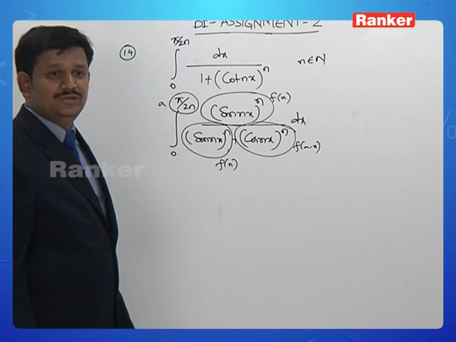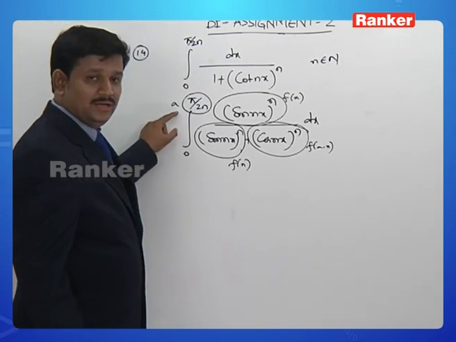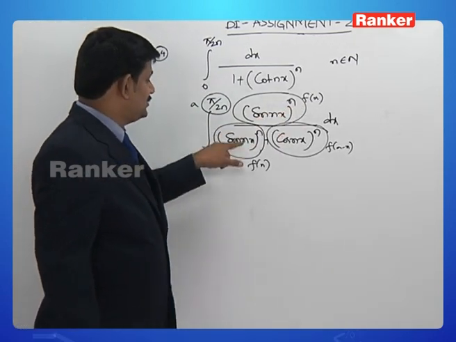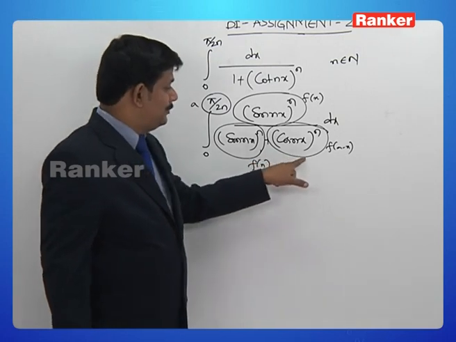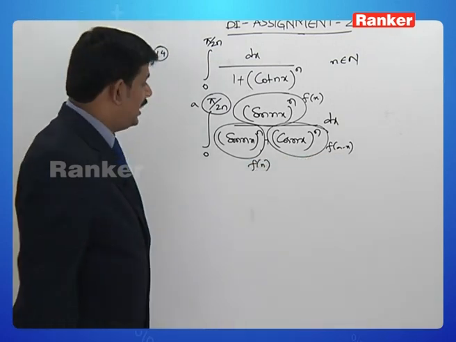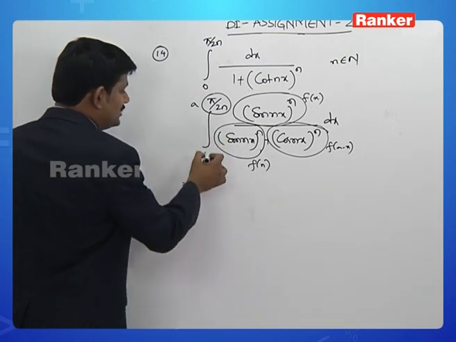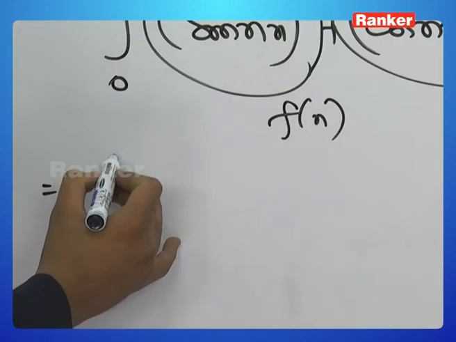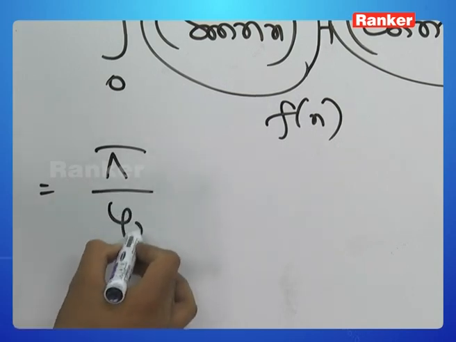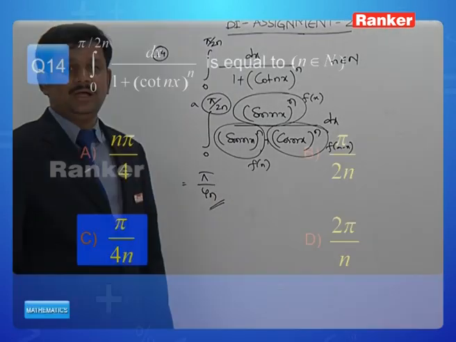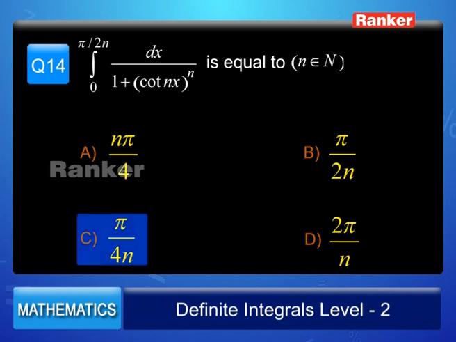So, this integral is in the form integral 0 to a of f of x divided by f of x plus f of a minus x, and for this we know the standard answer, it would be (a minus 0) by 2, or pi by 2n divided by 2, which is pi by 4n. So, the answer is pi by 4n, which is option 3.